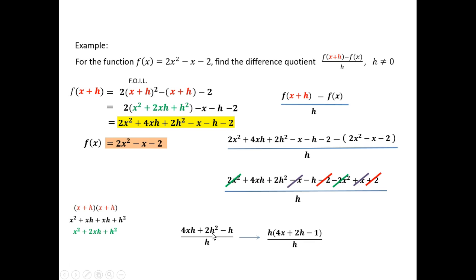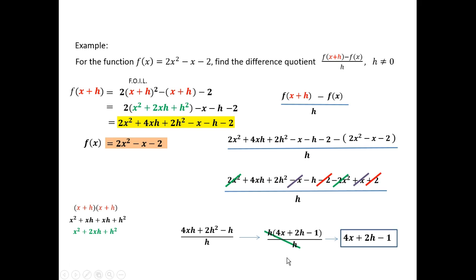When I factor an h from the 2h squared, it just leaves me with 2 and that other h. And when I factor h from itself, I'm left with 1. So now I see that I have an h here in the numerator and 1 in the denominator. That will cancel, and I'm left with 4x plus 2h minus 1.